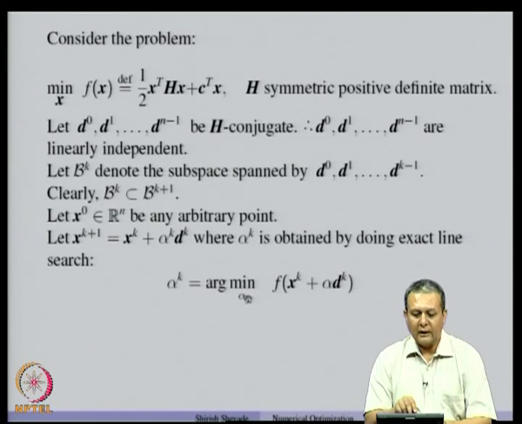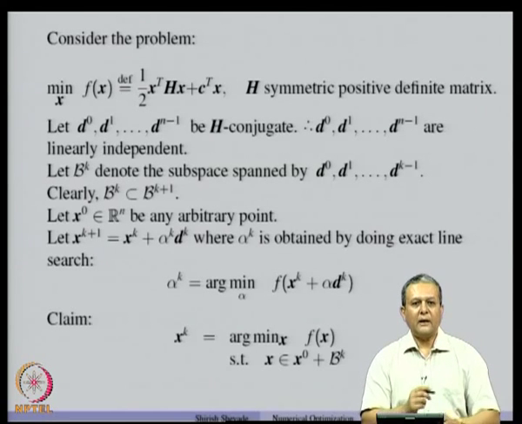So, one has to search over all real numbers for the alpha which minimizes f of xk plus alpha dk, and that value of alpha which gives the minimum of f, let us denote it by alpha k, and if you use that alpha k here and find xk plus alpha k dk, we get xk plus 1.